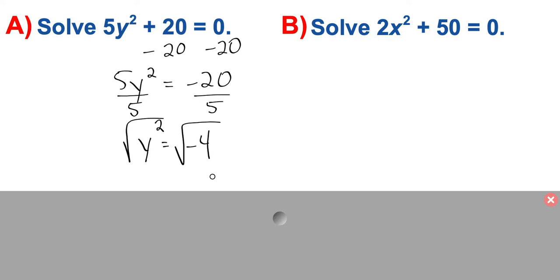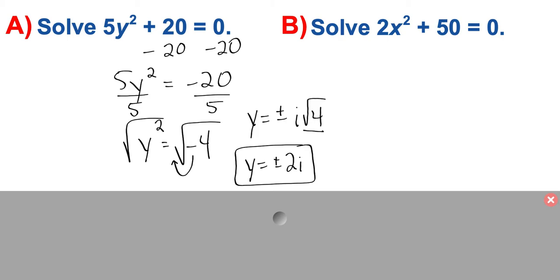Remember, we have to put a plus or minus on the right-hand side to get our final answer. So we'll have y equals plus or minus, and then that needs to come in front as an i because we're working with a negative radical. And then you could have done the two steps at once here because the square root of 4 is a 2. So we get y equals plus or minus 2i. That's the answer for A.